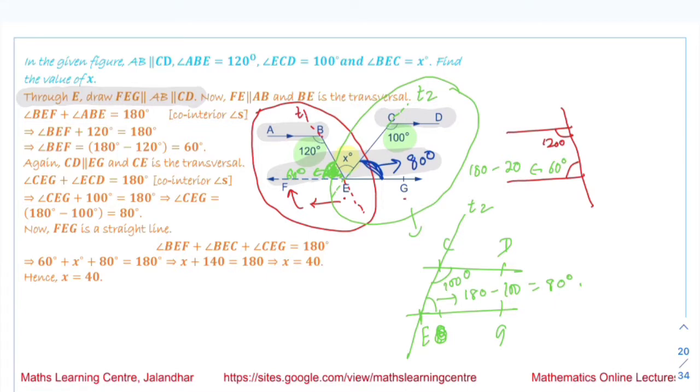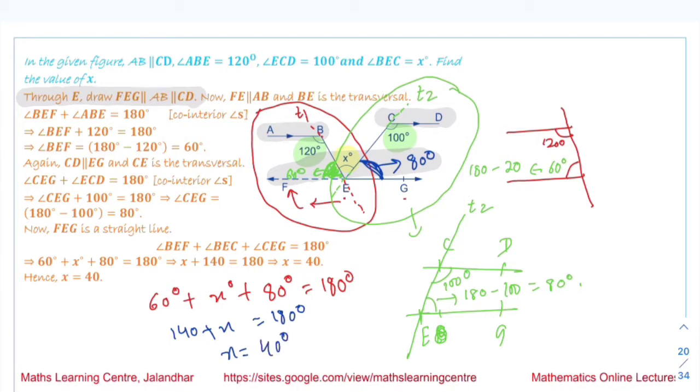So 60 degrees plus X degrees plus 80 degrees is equal to 180 degrees. When you solve this, you get 140 plus X is equal to 180 degrees. So the value of X is 40 degrees.